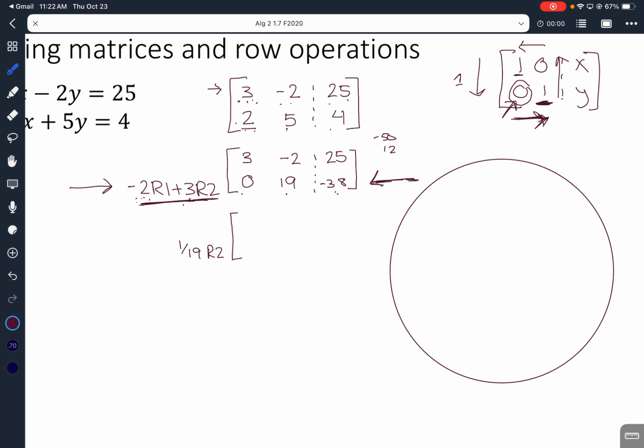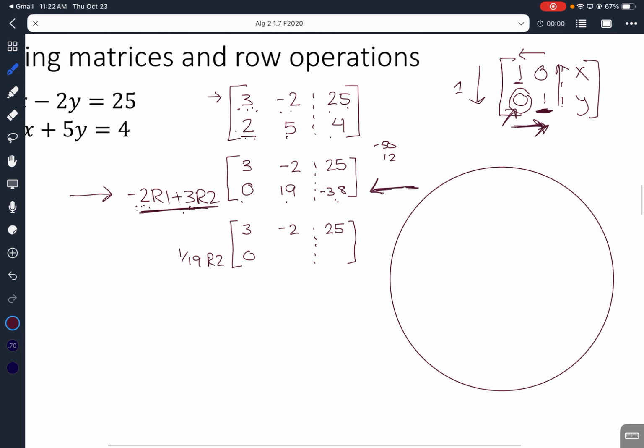No, I'm not going to give myself a fraction. So I'm not changing row 1, I'm just going to rewrite it. You will notice when I do them, I rewrite what I'm not changing, because if I don't, I try to change it. Okay, so 1/19 of 0 is 0. 1/19 of 19 is 1. And 38 divided by 19 is -2.